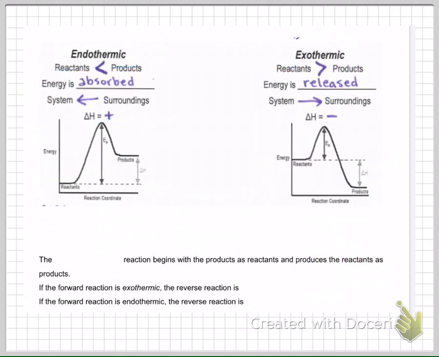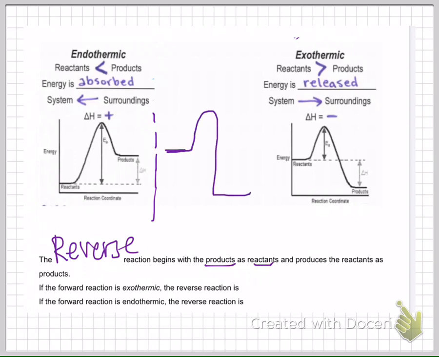The reverse of the reaction begins with the products as the reactants and produces the reactants as products. Basically, it's a mirror image of this. So, for example, the reverse of this would be the reactants up here and then going like that. I'm trying to mirror this.